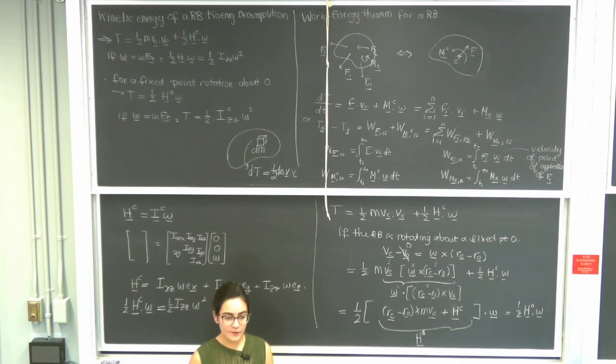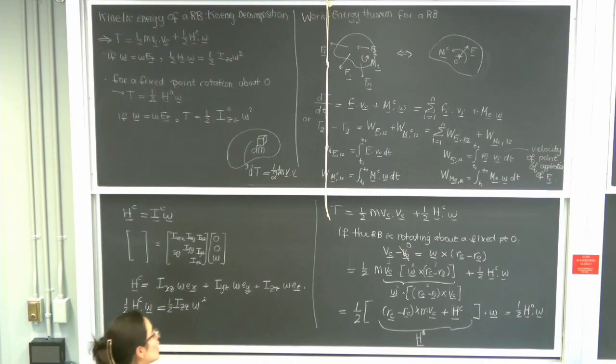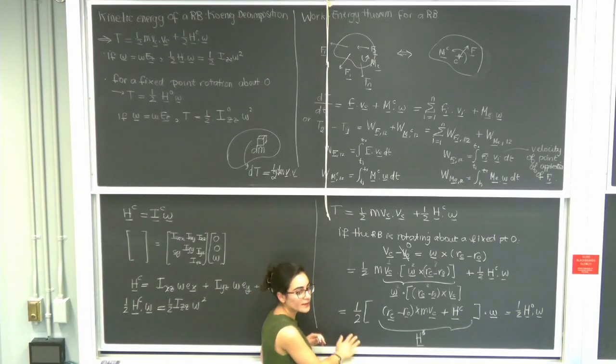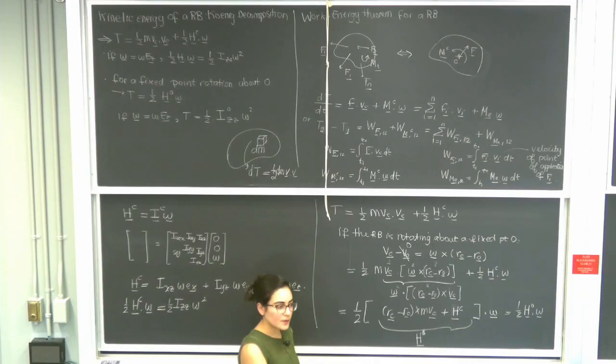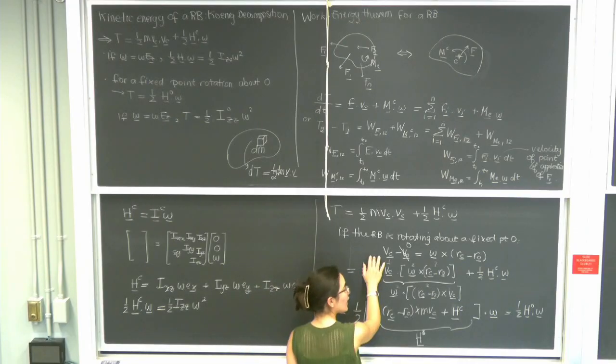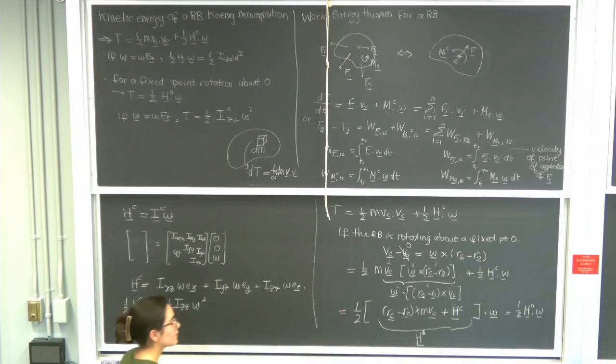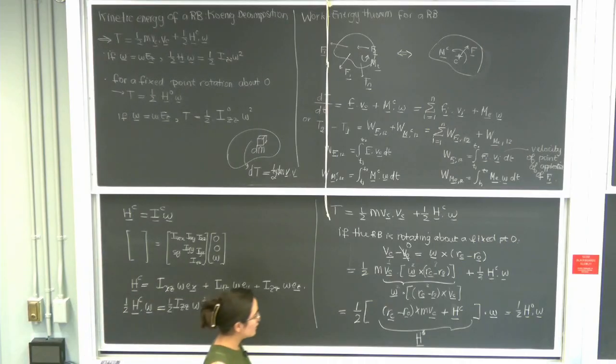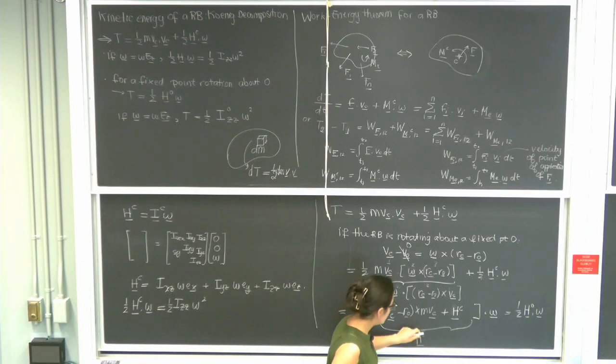Any other questions? Okay, so we just need to be careful of this. We can only use it if the body is rotating about a fixed point, because in our proof we use the fact that the body is rotating about a fixed point. Yes, that term there is H_O, sorry.